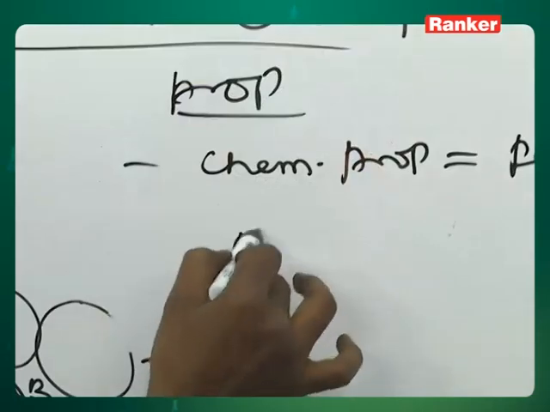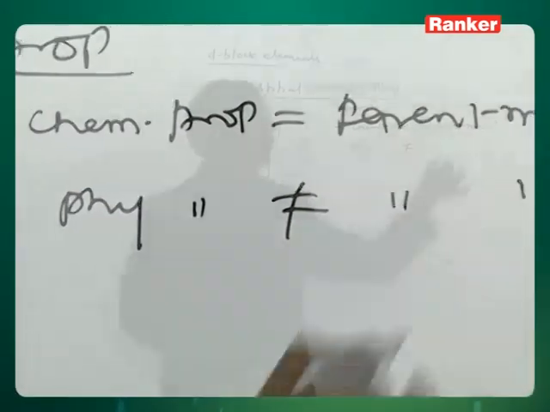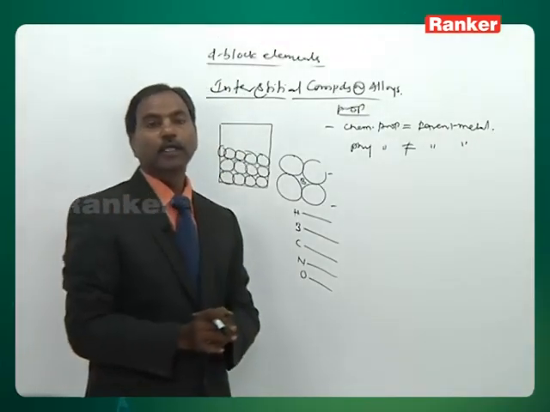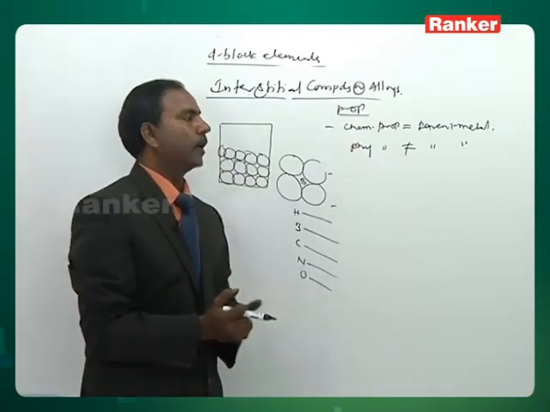Next, physical properties: they differ from the parent metal. Physically they are actually different, but chemical properties are more or less identical to the parent metal.